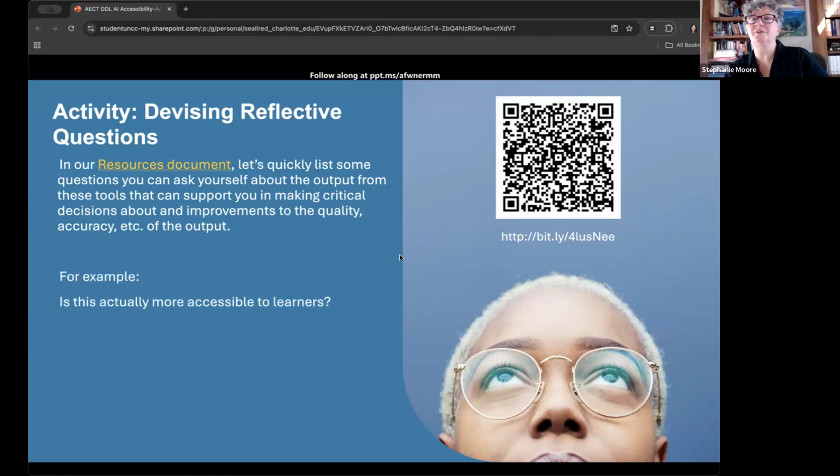So for example, some questions that I generated, and we've been talking about some of these throughout. Is this actually more accessible to learners? Is this explaining in too much detail or not enough? Or is it the right detail? Again, you guys were already starting to ask some really great questions as you were beginning to critique the output of ChatGPT 4 or Gemini or, you know, some of the other tools that you were using.